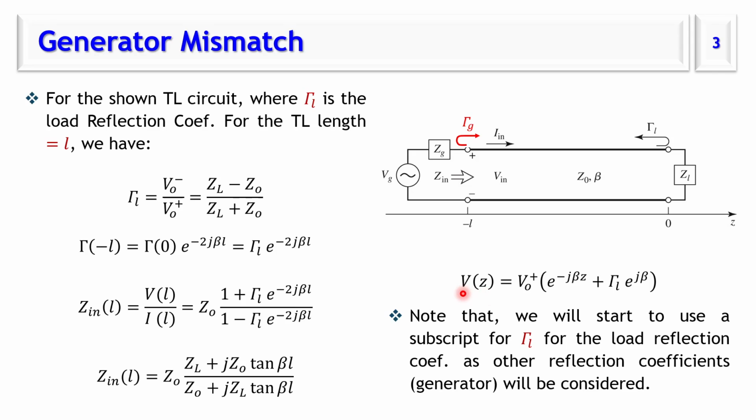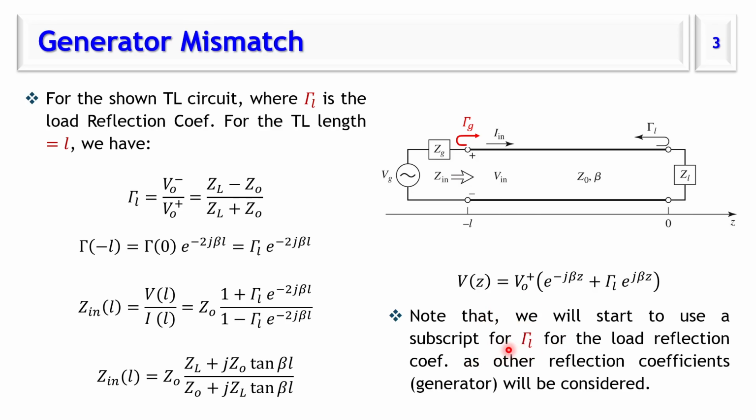So at any point on the line, we can express the total voltage as V naught times e to the minus j beta Z, a component propagating in the positive Z direction, plus gamma L, the reflection coefficient at the load, multiplied by e to the j beta Z. There was one Z missing here, so let me put it. This is a component of the wave propagating in the backward direction.